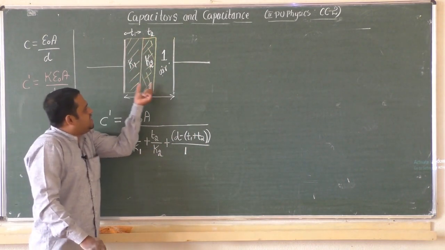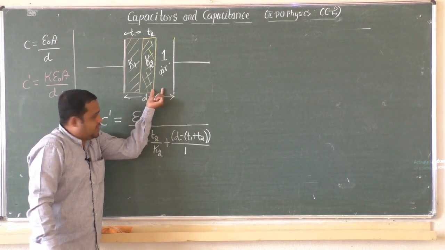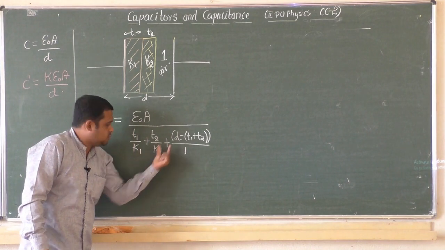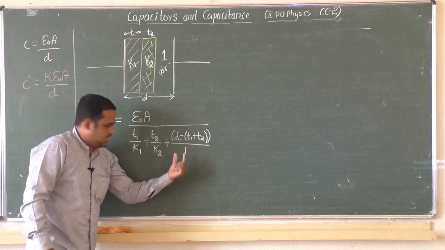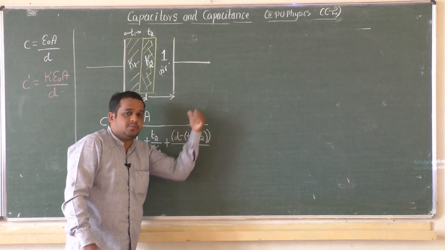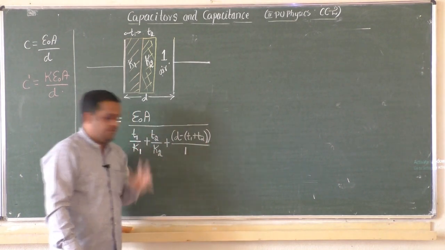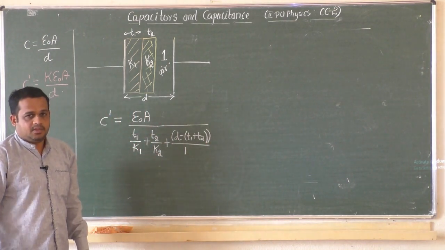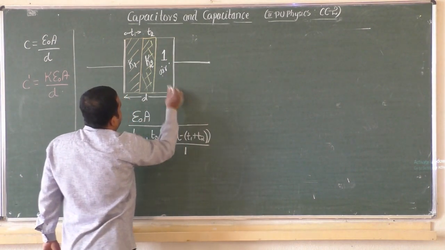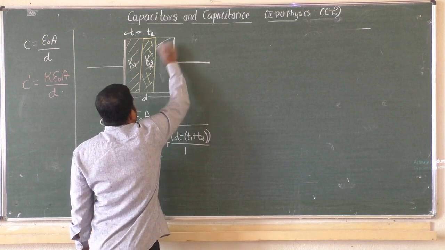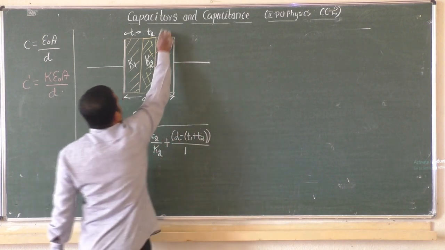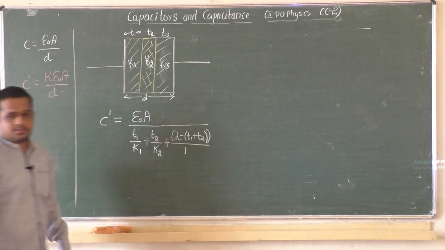If I have three different media here, if I add one more, it becomes T1 by K1 plus T2 by K2 plus T3 by K3 plus D minus (T1 plus T2 plus T3) divided by 1. Okay. What happens if the region is completely filled like this? If I introduce a third medium of dielectric constant K3 and thickness T3, what happens now?